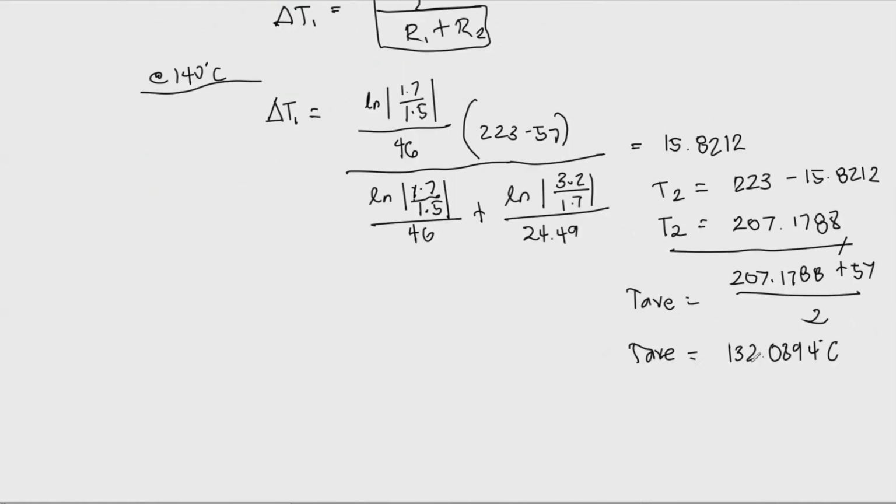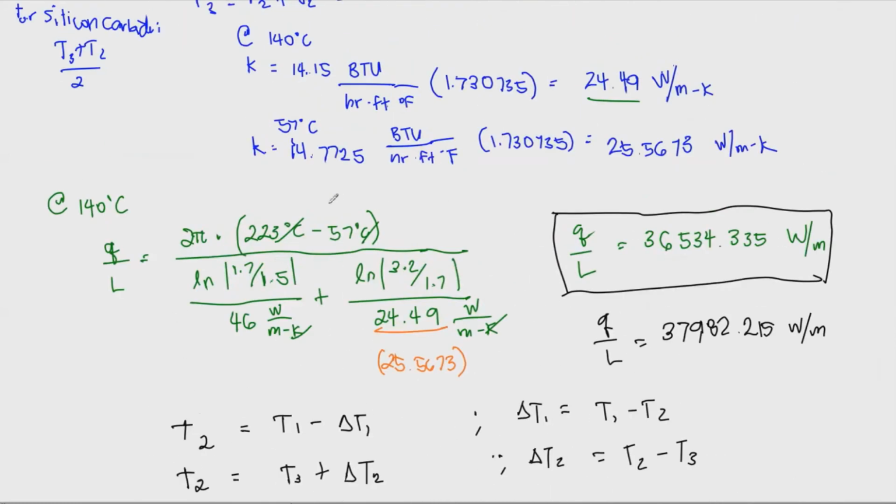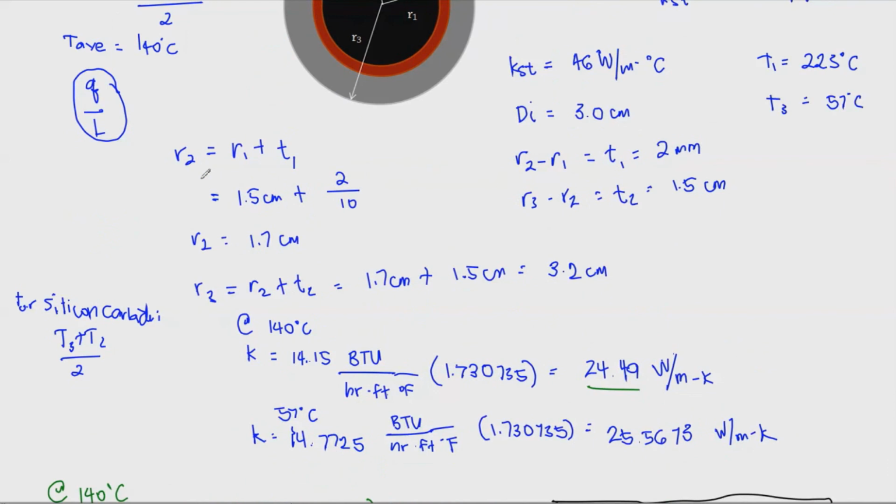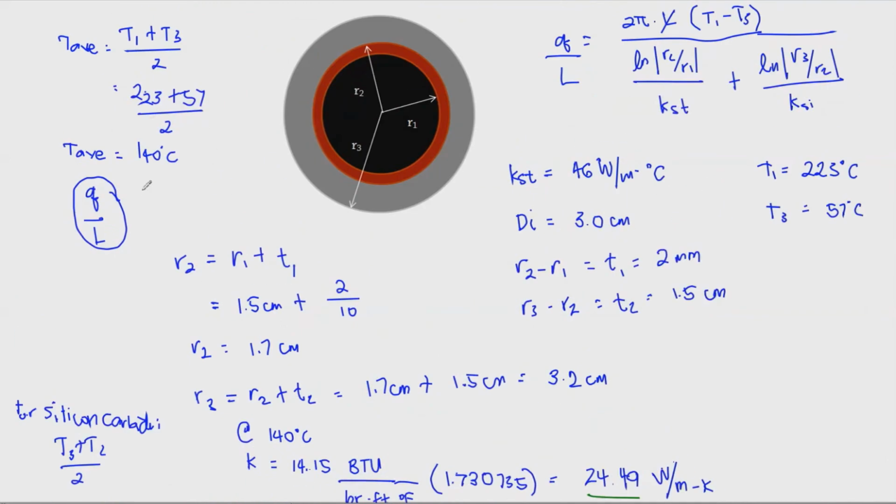So in this case, remember, I've told you before that even though this is at 140, we have to expect that the average temperature is lower than this 140, simply because this is the average temperature of T1 and T3. Imagine if T1 is at this point and then T3 is outside here, then if you would take the average of those values, then you would still consider somewhere at the middle of this arrangement. In that case, that is 140.